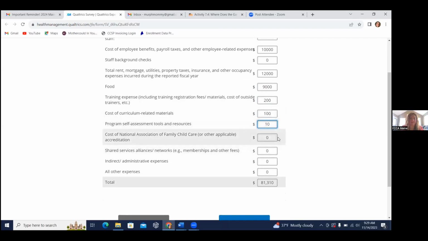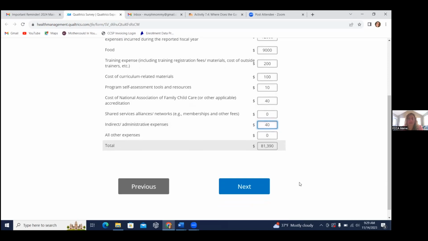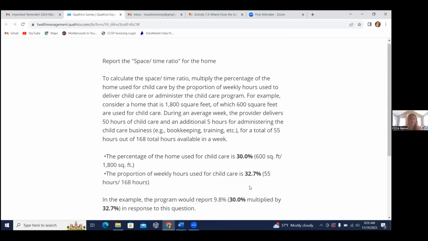Like I said, costs of Family Childcare Association, which is a great association everybody should be part of. Shared services, indirect, we'll just do administration, like 40. It adds up, I tell you. Shared services, alliances, networks, would your Maine AEYC membership count? Oh, you're correct. And for the great rate of 25, there we go. So we'll add that, and then that totals at the end.